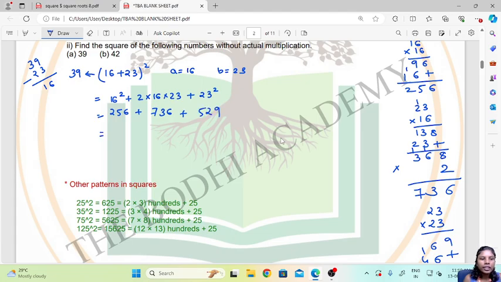So finally after adding we'll get the square of 39.